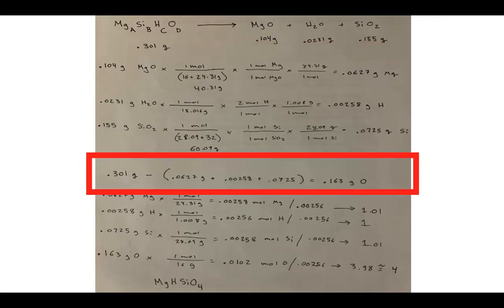Now that we found how many grams of each magnesium, hydrogen, and silicon we have, we can subtract to find how many grams of oxygen we have. So 0.301 grams minus the 0.0627 grams of magnesium plus 0.00258 grams of hydrogen plus 0.0725 grams of silicon, and those are all in parentheses because we're subtracting all of those, tells us that we have 0.163 grams of oxygen in that unknown compound.